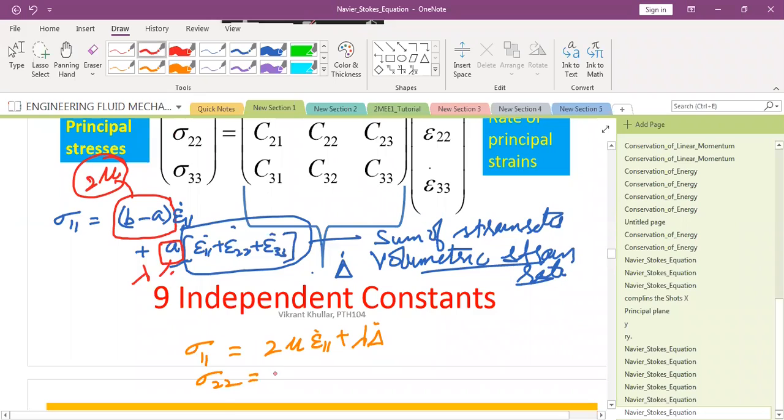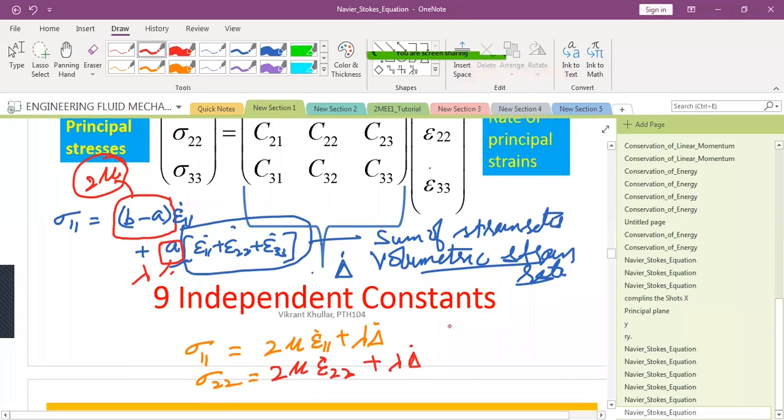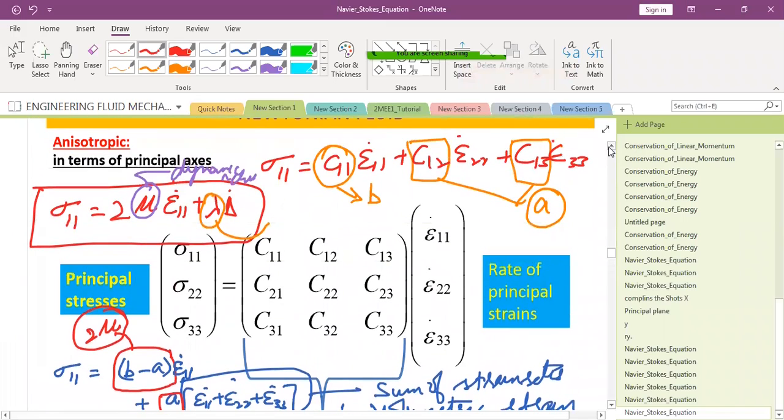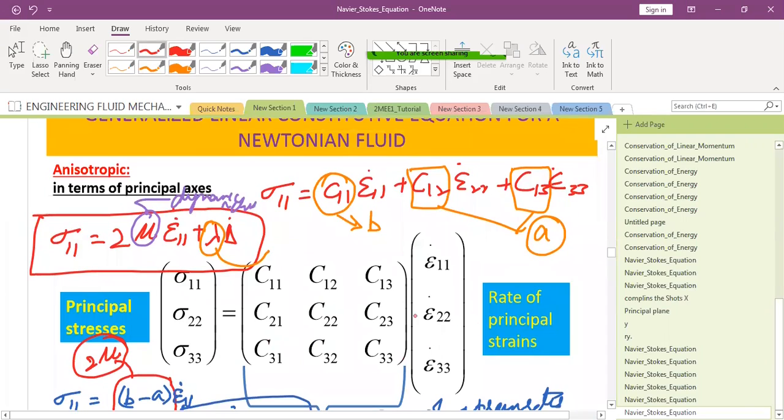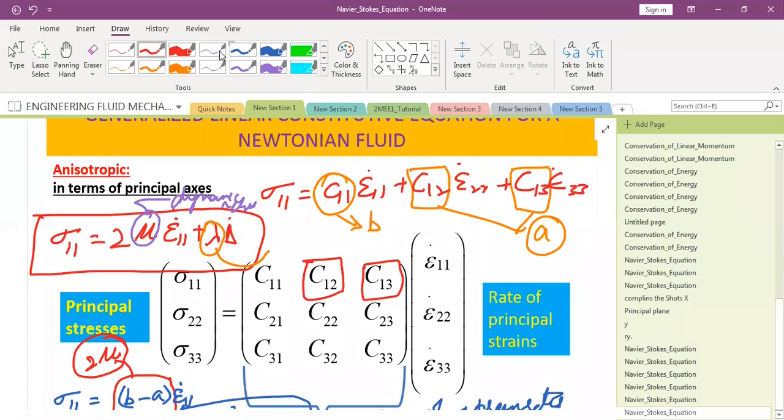Again 2 mu E22 dot plus lambda delta dot. Why would the constant change? Lambda was for A, so would it change for sigma 22? A minute ago, what was A? C12 is equal to C13, that is clear. And you know that C21 is equal to C23.